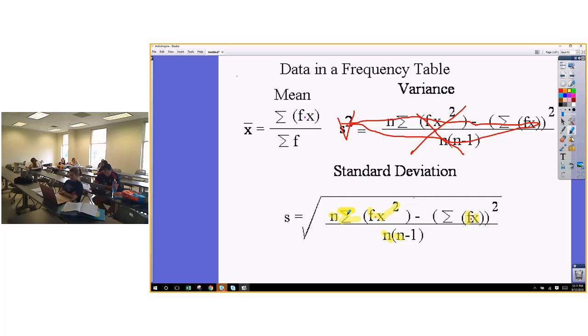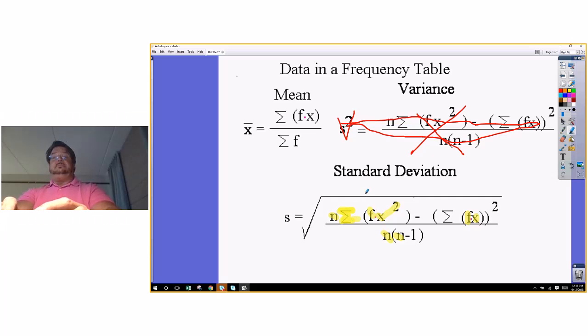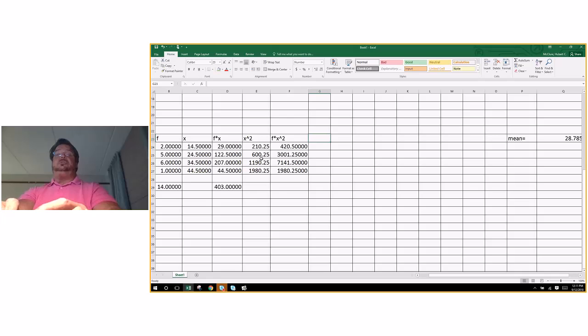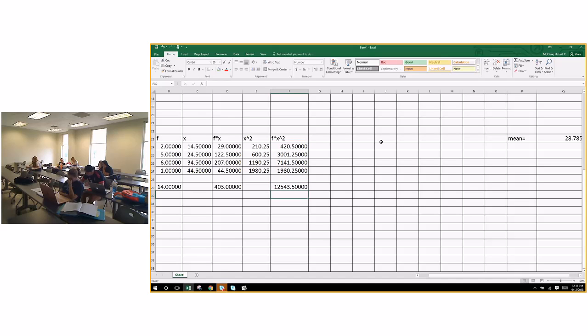What does that funky e mean? Summation. Add them all up. So I take f times x squared, that column, and add it all up, just like we did the others. And you're going to see where I'm going with this in just a minute. So auto sum. And there it is.